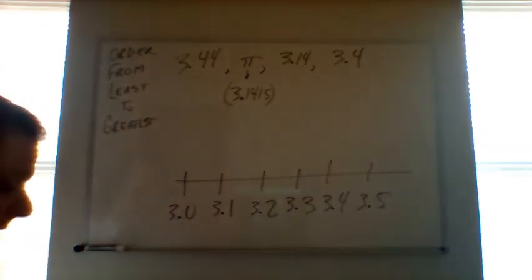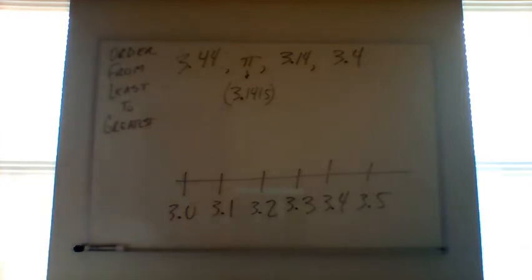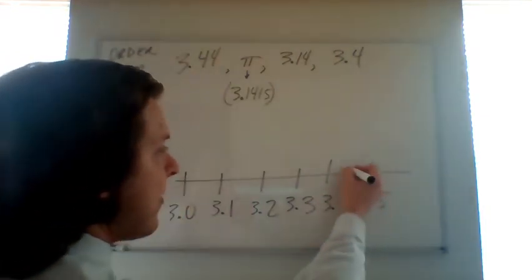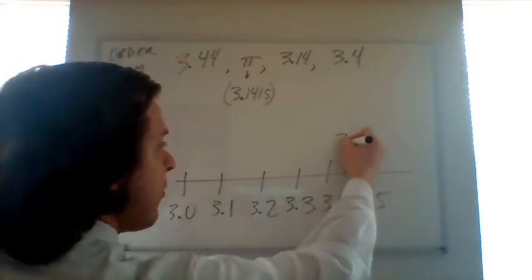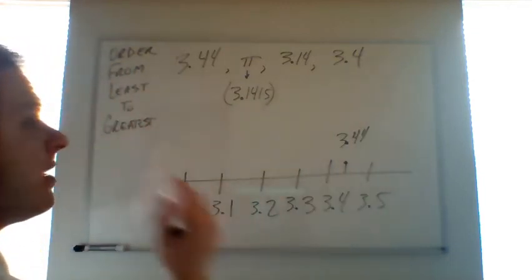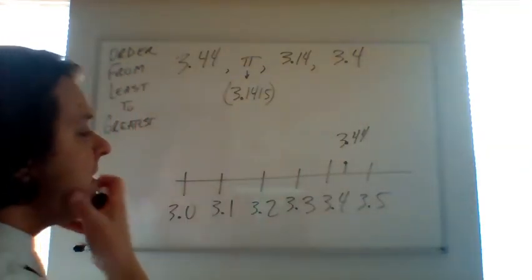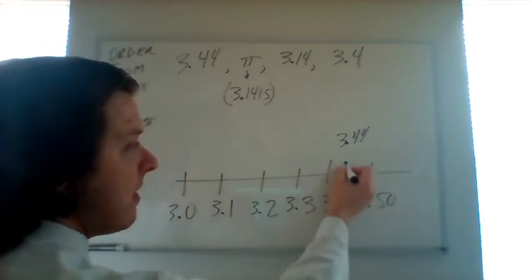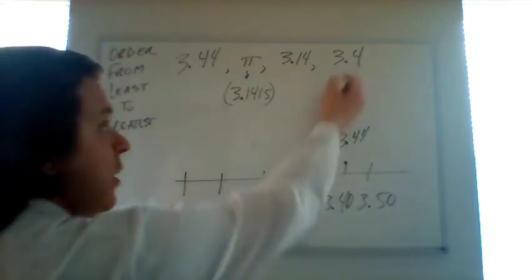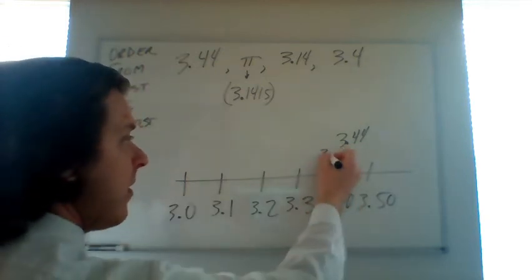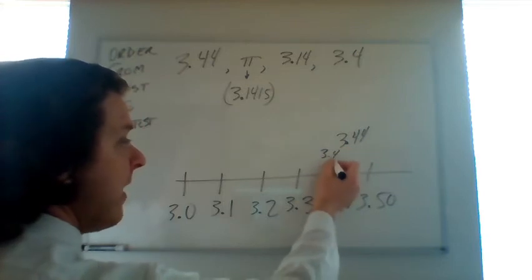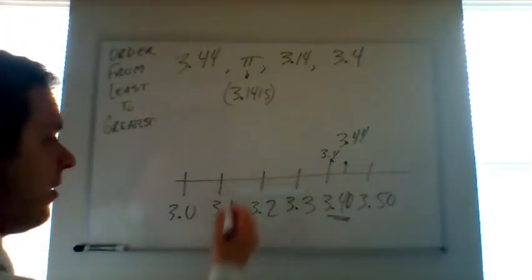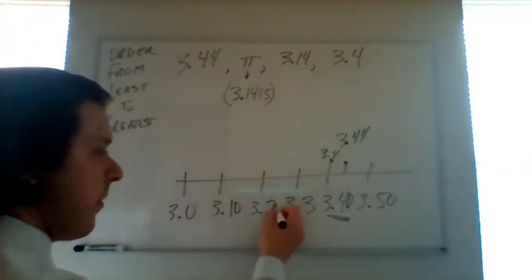So let's go ahead and try to place these on the number line. First off, 3.44 is right here, I think. Good, because 44 would be between 3.40 and 3.50, so between 40 and 50, 44 would be right about there. 3.4 is obviously this mark, right at 3.4. We have 3.14, so again, this is between 3.10 and 3.20.